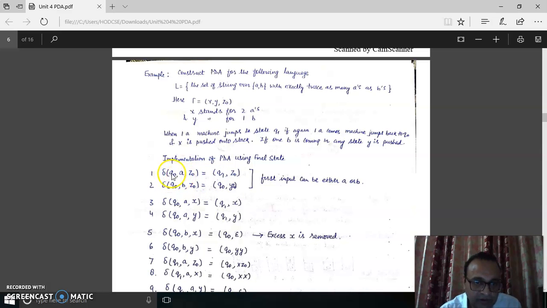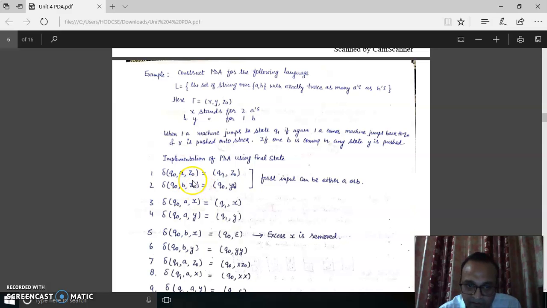Suppose we are on the initial state, that is the Q0 state, and the input symbol can be A, and the input symbol can be B also. Now suppose the stack top symbol is Z0. At that time input can be A, and input can be B also.